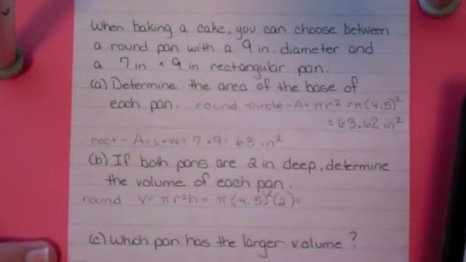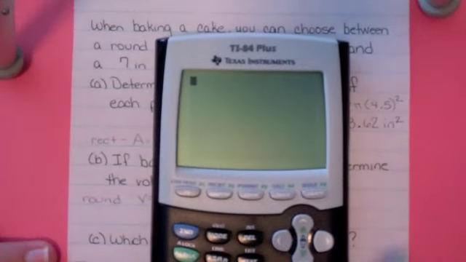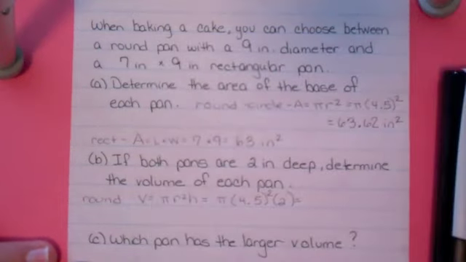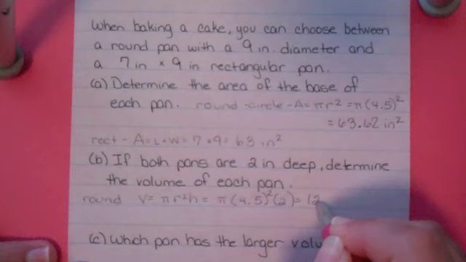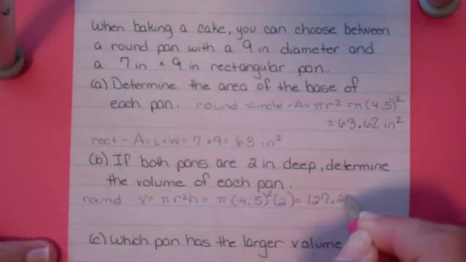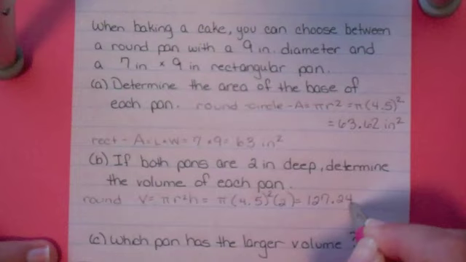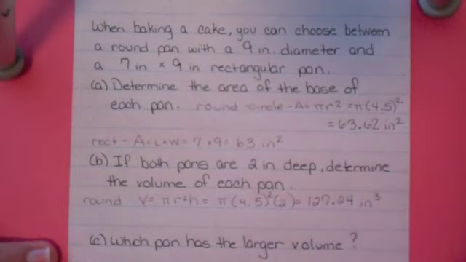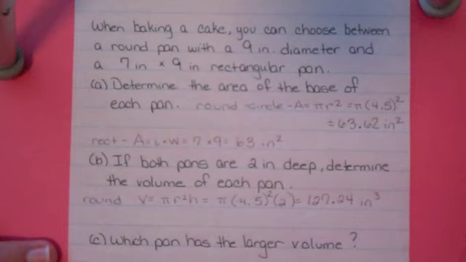Again, I'm just going to plug this in my calculator. So pi times 4.5 squared times my height, and I find my answer, which is 127.24 volume, so we're looking at cubic inches.